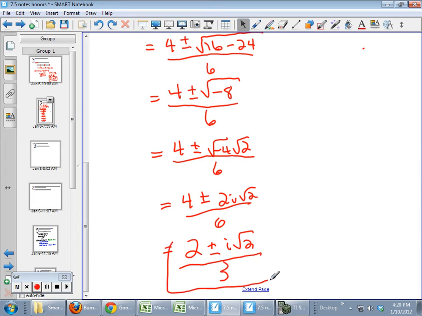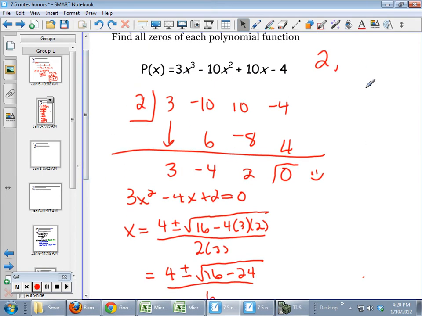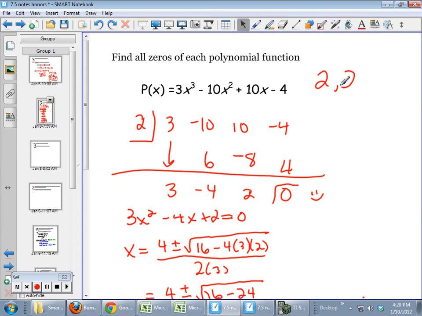These are 2 of my zeros, and then the other zero we found up here is 2. So let me refresh my memory here. It's 2 plus or minus i root 2 over 3. Okay, these are 2 zeros here, one's plus and one's minus, and then this is the other one.